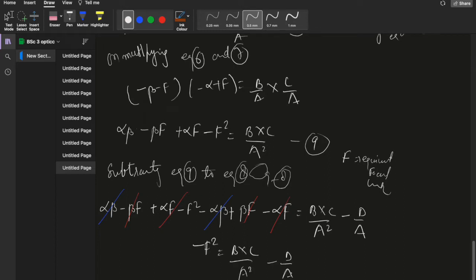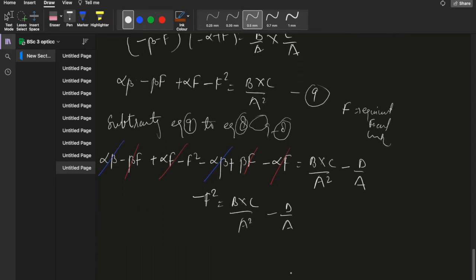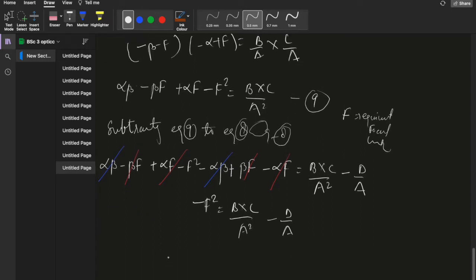On multiplying minus 1 on both sides, the equation becomes capital F square equals d upon a negative of b cross c upon a square.